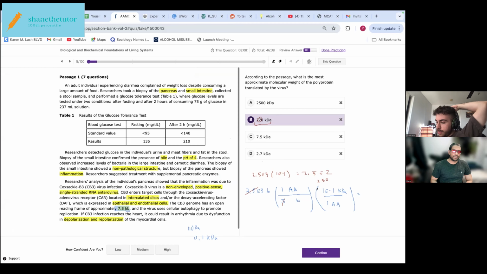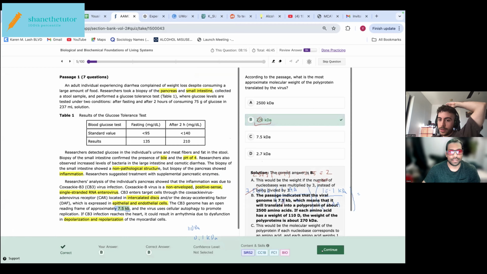But be very careful with the math. You see how I said it's an extra step, because it's three nucleotides for one amino acid, and then you do the 110 Daltons. Exactly.